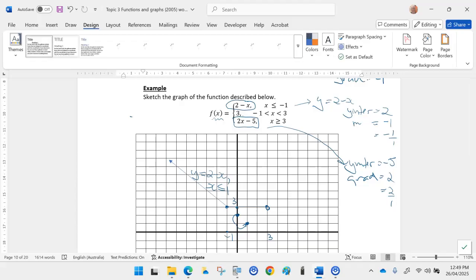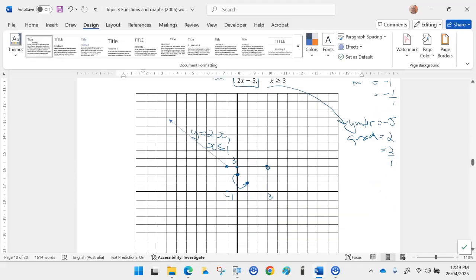So to graph that one, we need to go down to -5 on the y-axis. 1, 2, 3, 4, 5. -5 is there. To find another point, we rise by 2, run by 1. That's another point there. So I will have a straight line that'll go through those 2 points.